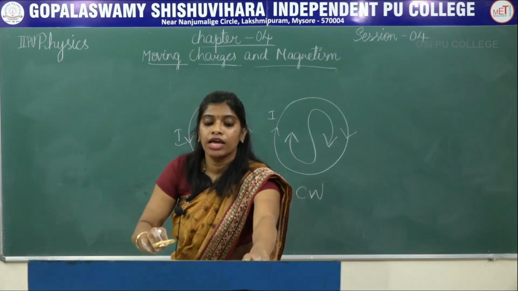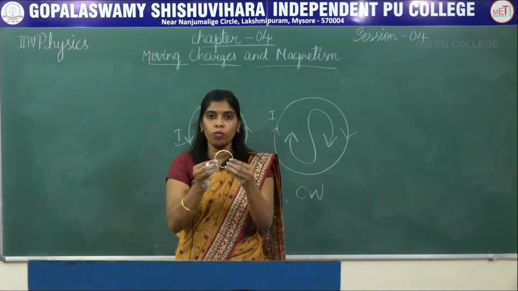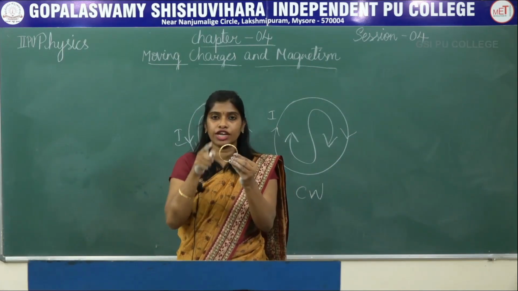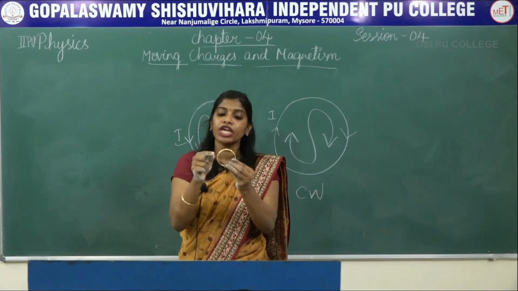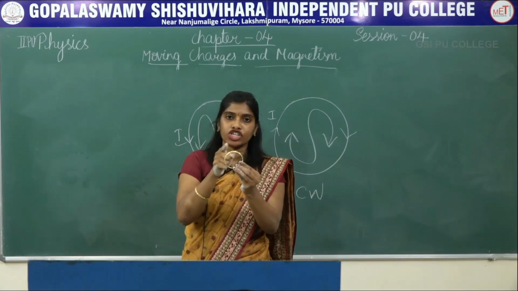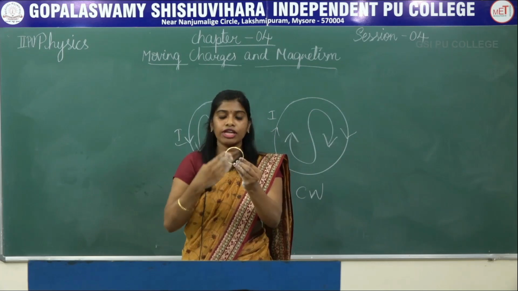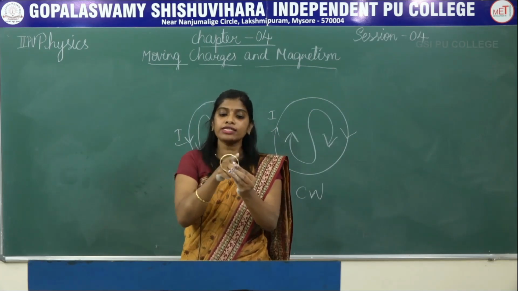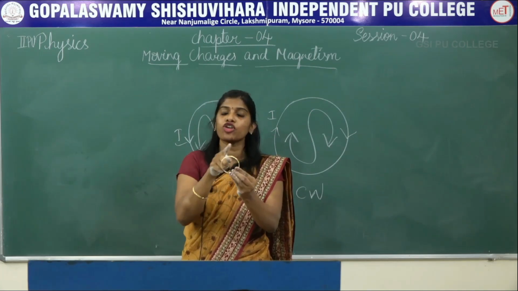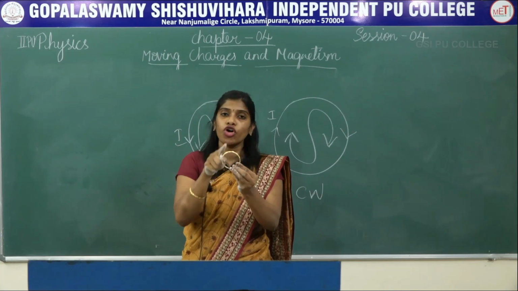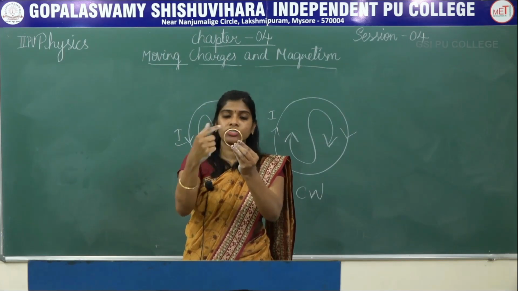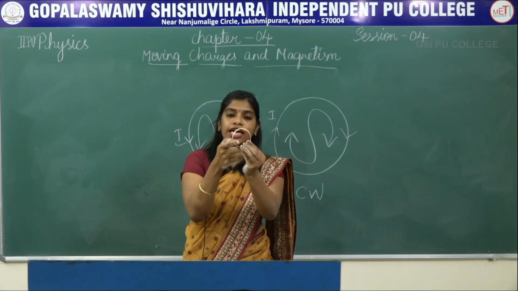Now I say this is a current loop, a circular current carrying conductor, and the current is flowing in this direction. So if I look at the coil, the current is in the anti-clockwise direction for me, and for you it is clockwise. So the current will be flowing in this direction.